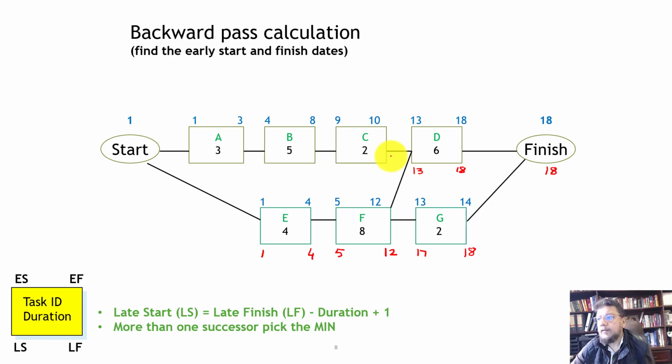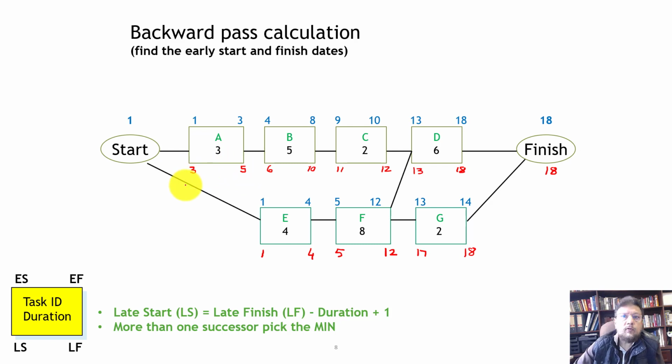So on this side, you have 13, so we put again 12 here, because this was 13, so 1 day before is 12. And 12 minus 2 is 10, plus 1 is 11. And again here, this becomes 1 day earlier, that's 10. 10 minus 5 is 5 plus 1 is 6. This becomes 5. And 5 minus 3 is 2 plus 1 is 3.